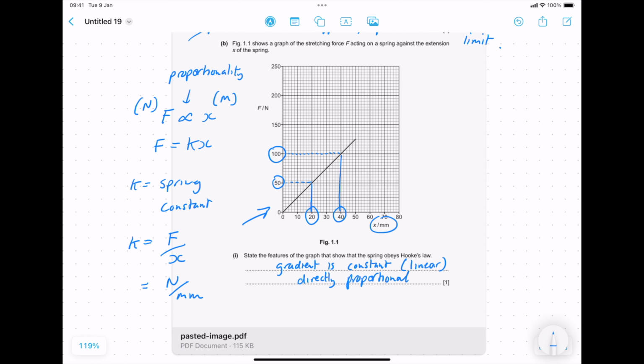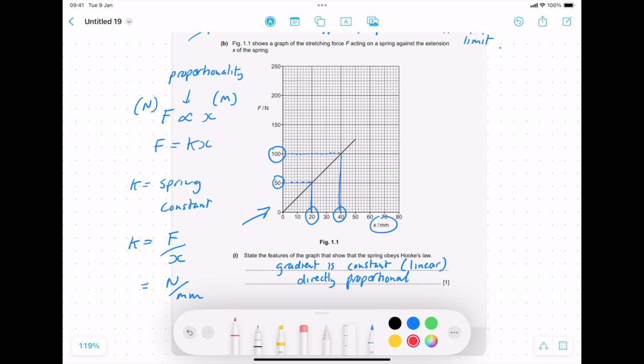I have just written this expression here in red, and in order to get the value of K, we can just use the graph to help us. So K is essentially the gradient, and the gradient is rise over run, or F divided by X. So I'm just going to use this point here.